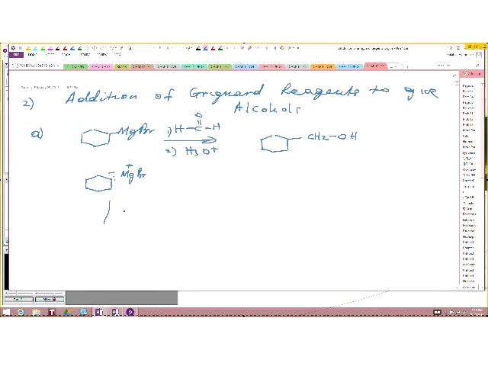Of course, then you have your aldehyde. So all we are simply doing is the nucleophile is attacking the electrophilic carbon of the carbonyl, and you get your intermediate.